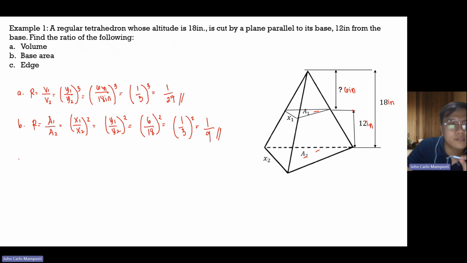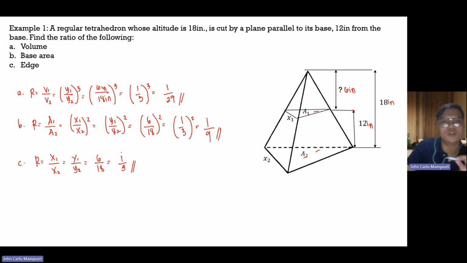Last, letter C, we have the edges. So yung R natin kanina, this is ratio ng ating x sub 1 over x sub 2. Or no, tama, y sub 1 over y sub 2 natin. As you can see, y naman yung given. This is 6 over 18, so therefore, this is equal to 1/3.